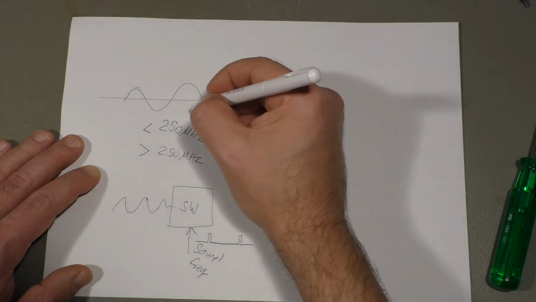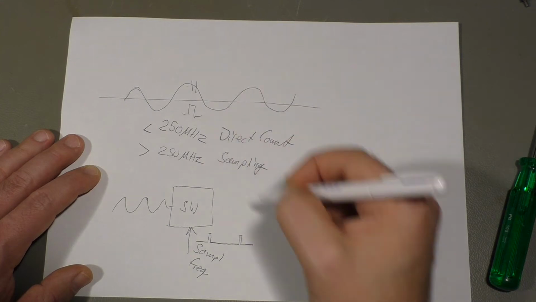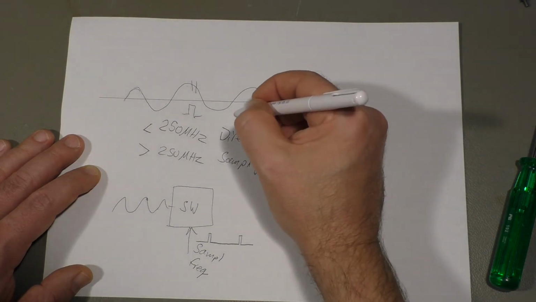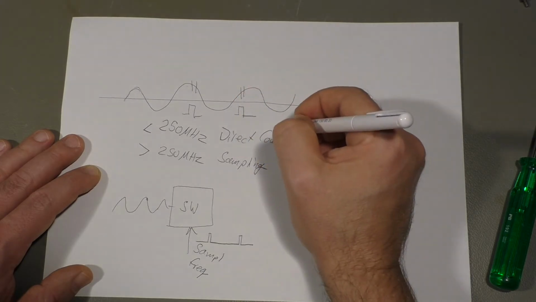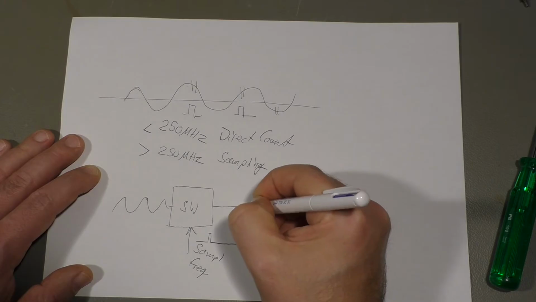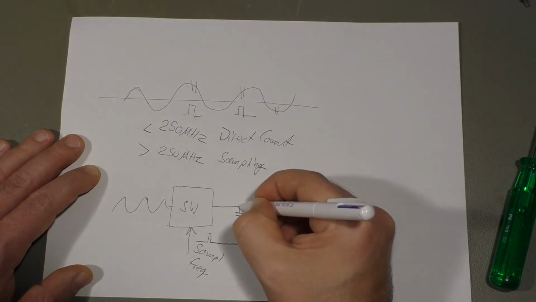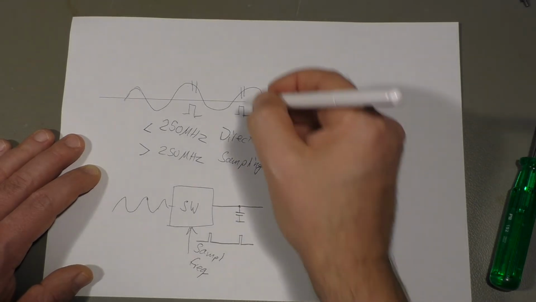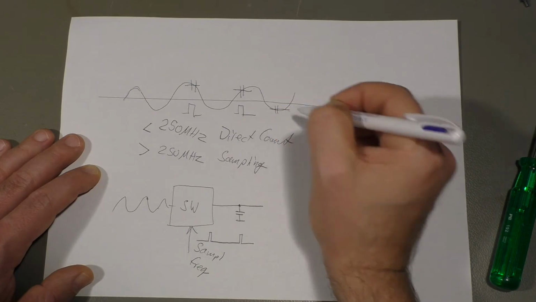So for example, if you sample here, you get that part of the sine wave. If you sample here, you get that part of the sine wave, or maybe that part of the sine wave. Then you feed that in a small capacitor that charges up to that value here, or here, or that value.